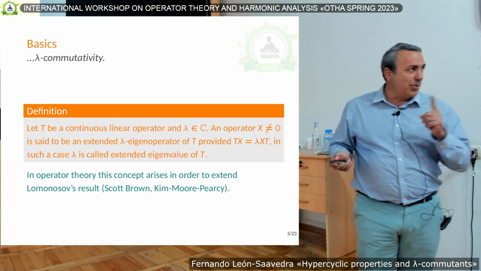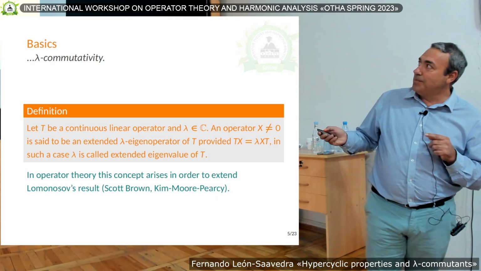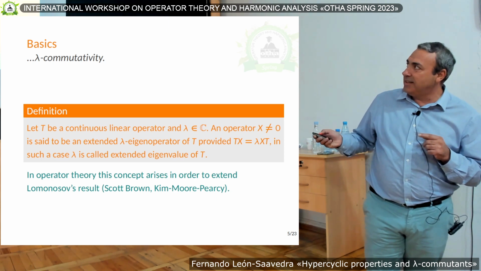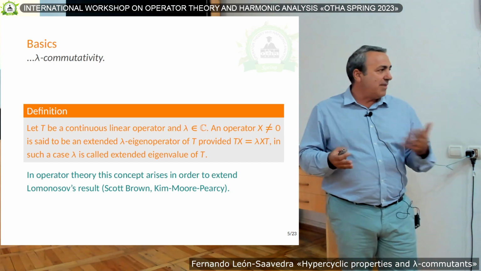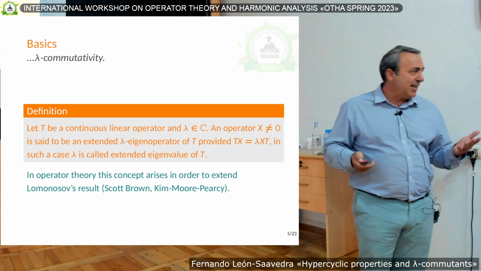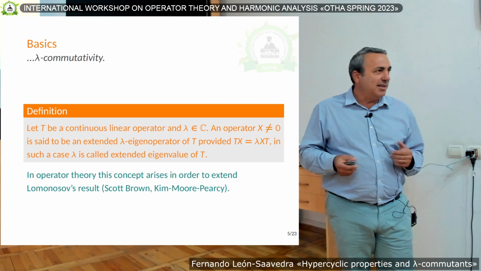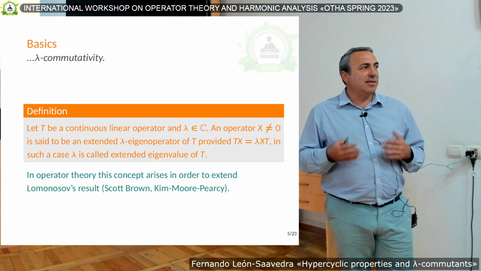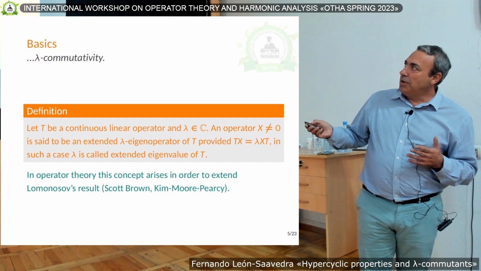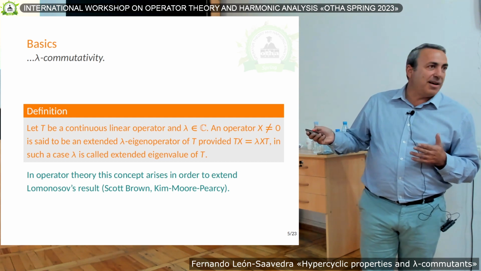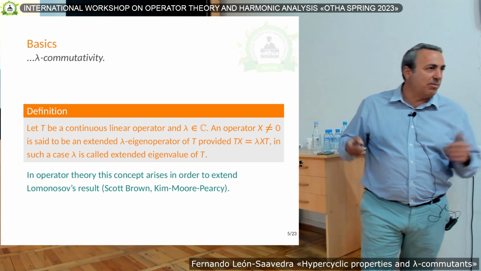But the order is important: TX equals lambda XT. So they commute up to a factor. And the lambda commutant of an operator is the set of all non-zero operators that satisfy this equation for some lambda.